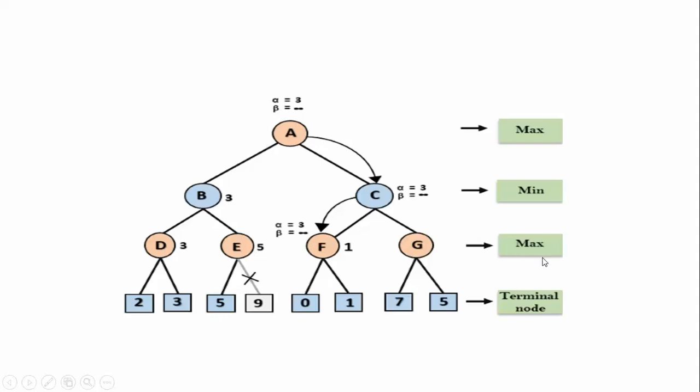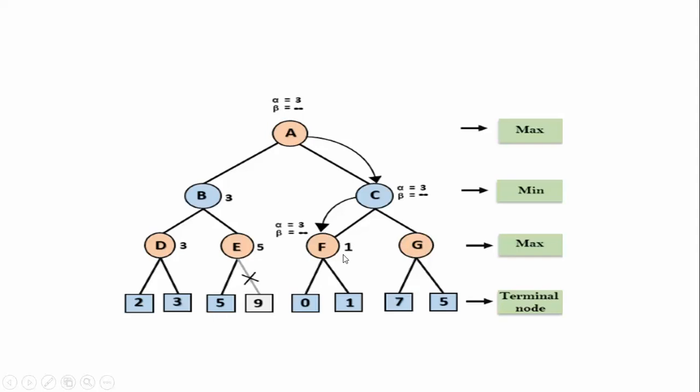Maximum level. So under maximum level, what is the condition? Alpha equal to minus infinity. That means I am going to check minus infinity with 0, 0 is the maximum. Again 0 with 1. I am going to get the maximum value 1, because we are at the maximum level.